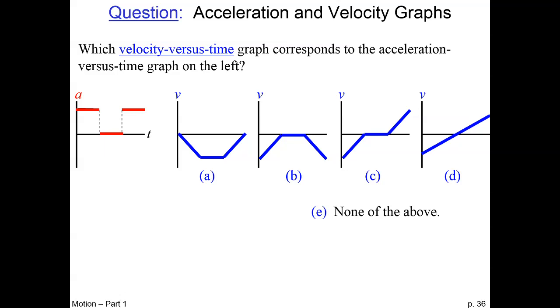This might go against your intuition, but remember, if you're moving to the left, a positive acceleration slows you down, so your graph is going to go something like this, and if you're moving to the right and you have positive acceleration, then your velocity is going to go up and you're going to speed up. I think this one shouldn't give you too much trouble.